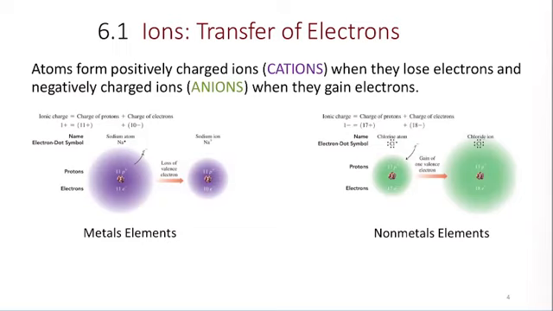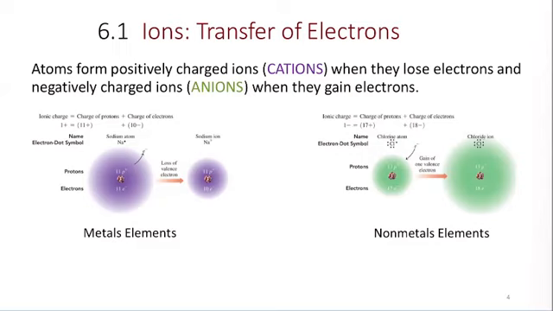So continuing on, in section 6.1 is where we are going to learn how these specific ions are formed, why they are formed, and what we call them. I introduced to you the idea a few moments ago that metals are going to transfer electrons to the non-metals.